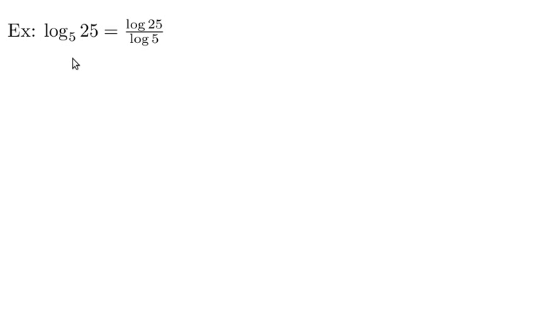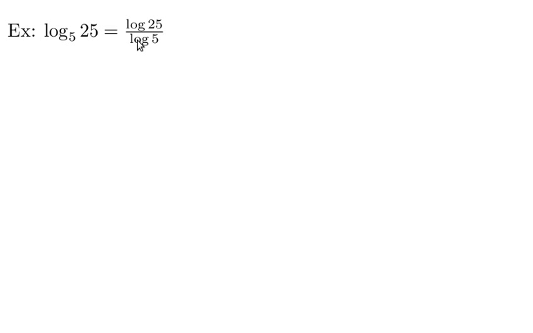A good way to remember this, at least in my opinion, is that 25 is higher up, so 25 is going to be in the numerator. 5 is lower, so 5 is going to be in the denominator. Because this is a subscript, so if it's higher up, it's going to be on top. That's just the way I always remembered it.